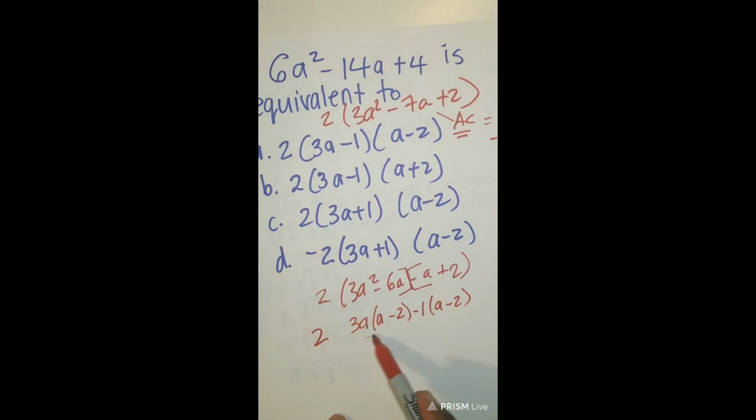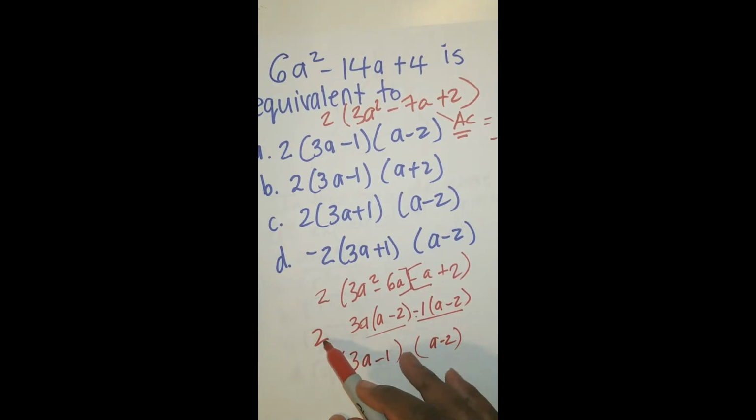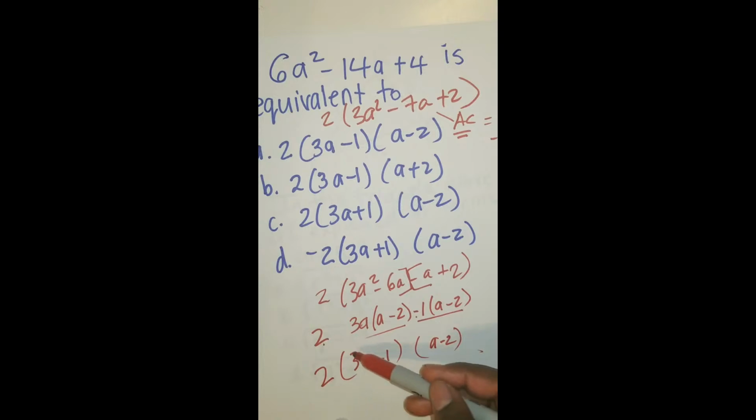So between this term and this term, a minus 2 is common, and we're left with 3a minus 1. And we write out the 2 because we factored 2 out already. And so the answer is 2 times 3a minus 1 times a minus 2.